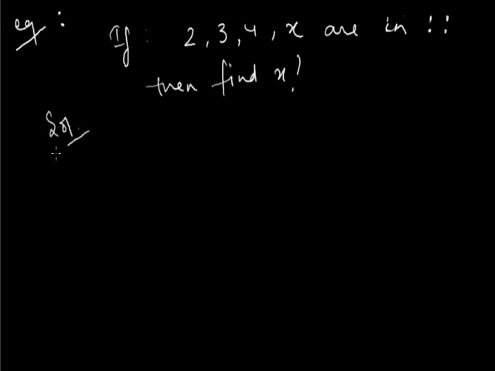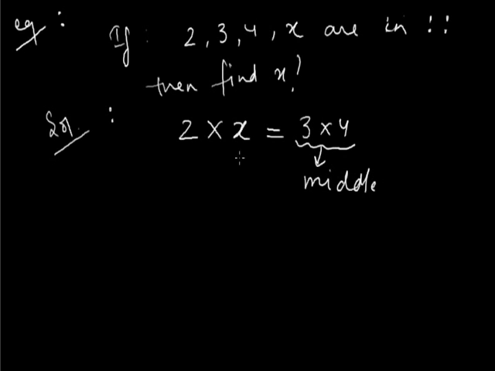The solution is this. For solving this question, we have to use the concept which we have learned. The concept states that the product of the extreme terms, 2 multiplied by x, equals 3 multiplied by 4. This is the product of the middle terms, and 2 multiplied by x is the product of extreme terms.